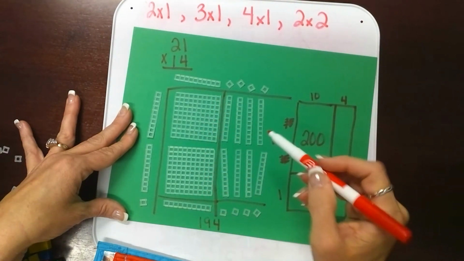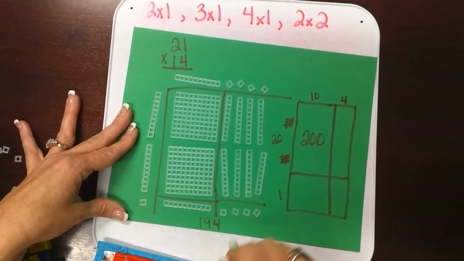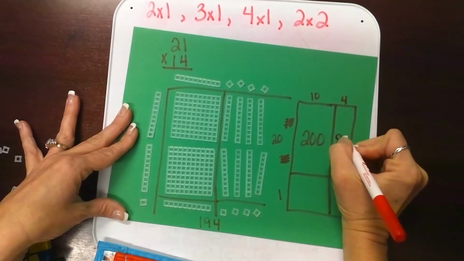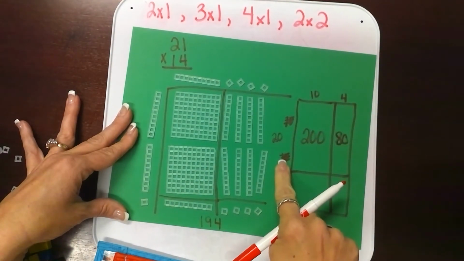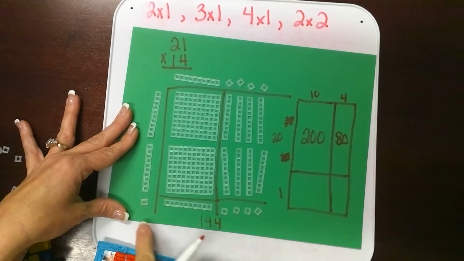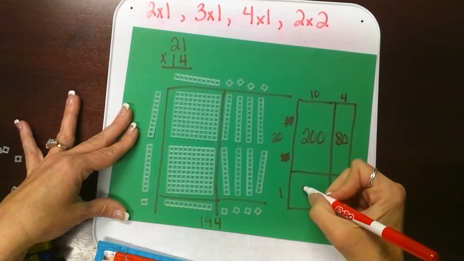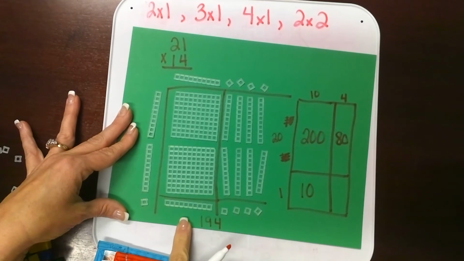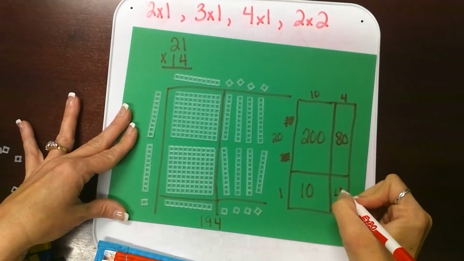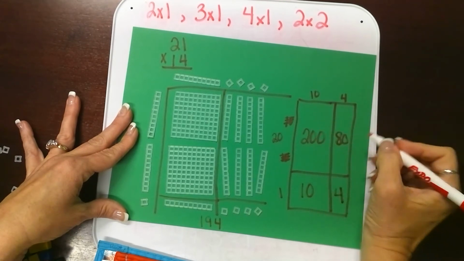Okay, so then I do 20 times 4. Here's my 20, here's my 4, that is 80. Here's where multiplying by those multiples of 10, or by 10 and 100 help us. Then I have a 1 and a 10, which is a 10. So you can see that right here. And then I have a 1 times a 4, which is a 4. Then I add all these up, and it's up to you.